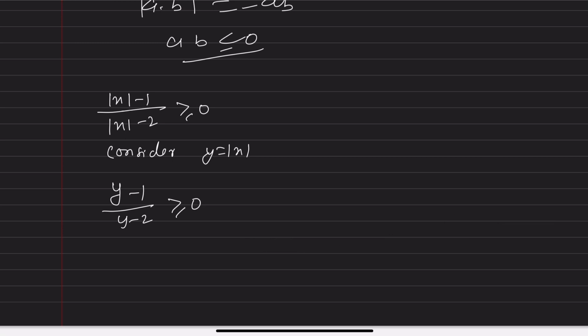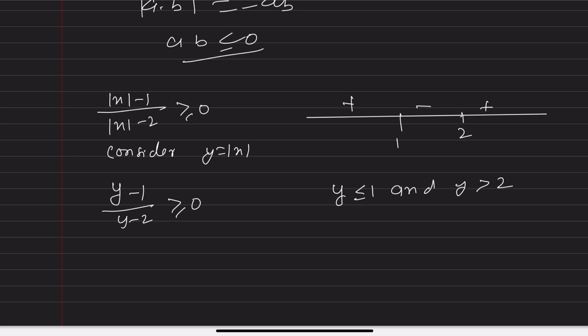Here we'll draw a number line, and put y minus 1 equal to 0 and y minus 2 equal to 0, so we get 1 and 2. We have to exclude 2. Positive, negative, positive means we have to consider only the positive values, so y has to be less than or equal to 1 and y has to be greater than 2. Here I don't have to put an equal sign.